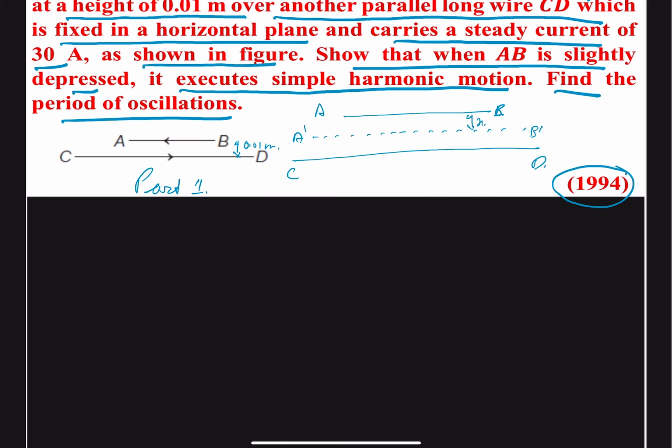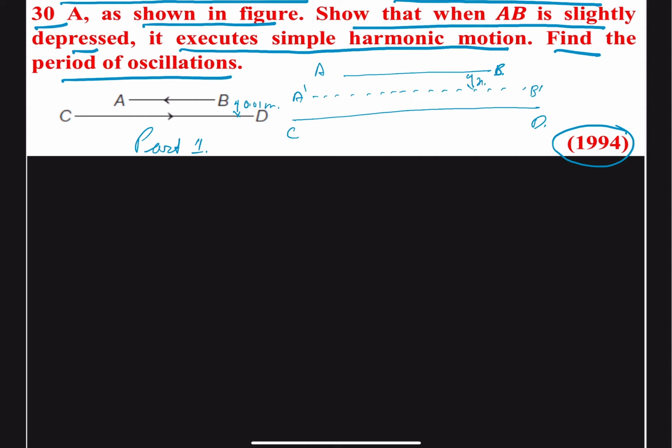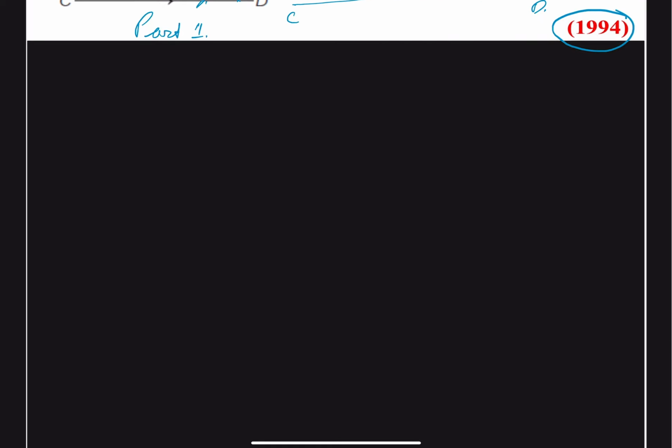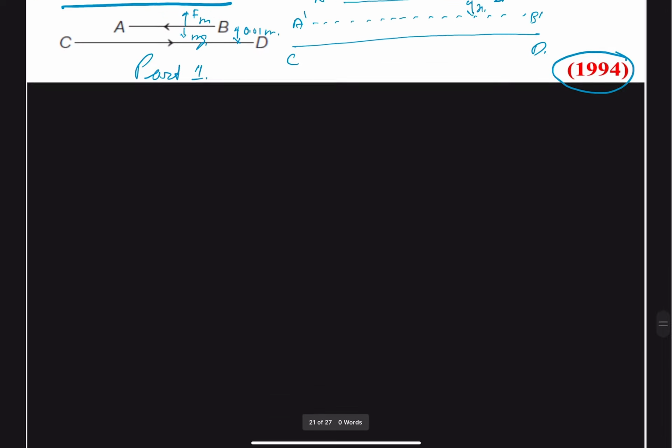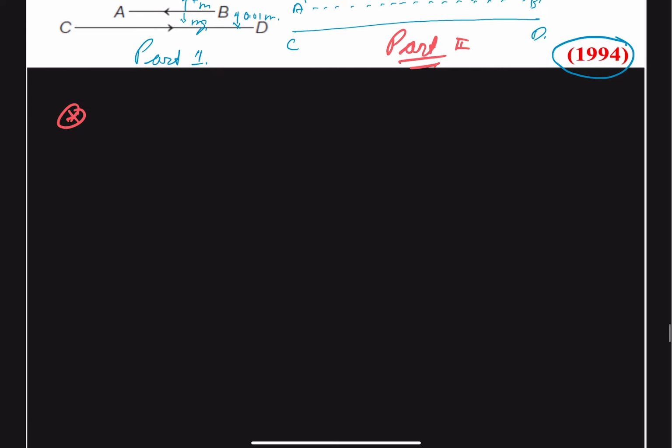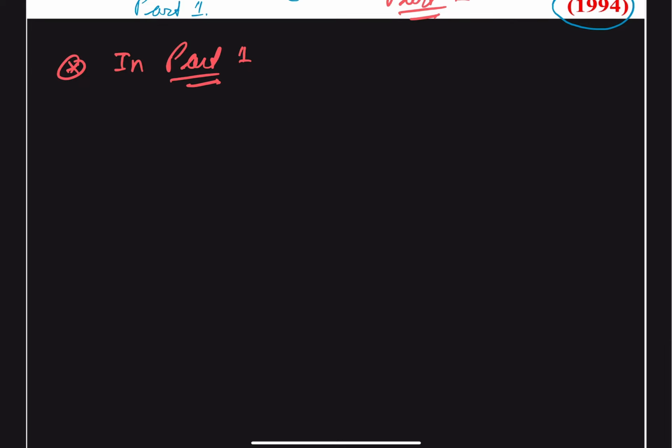In the first case, AB is in equilibrium, so the force of the magnetic field because of CD, let us call this F magnetic, and in the downward direction we have our mg, and they both should be equal. So in part 1, we have gravitational force downward and magnetic force upward.